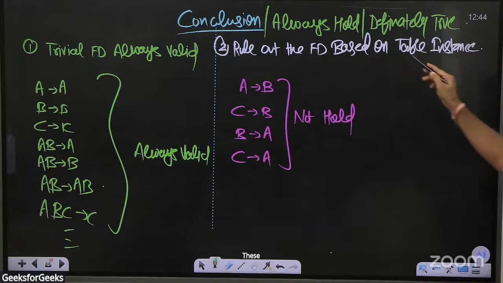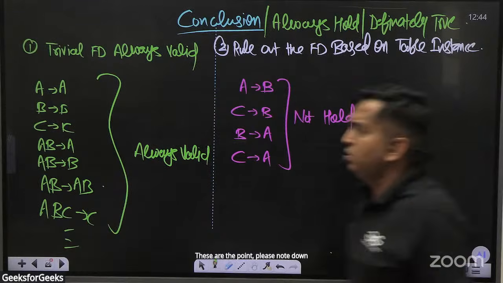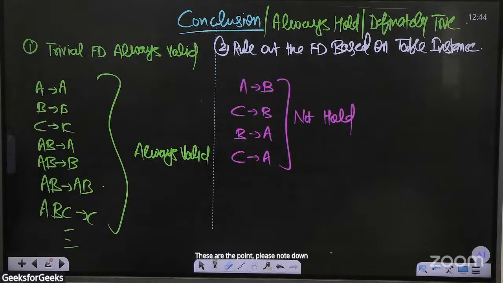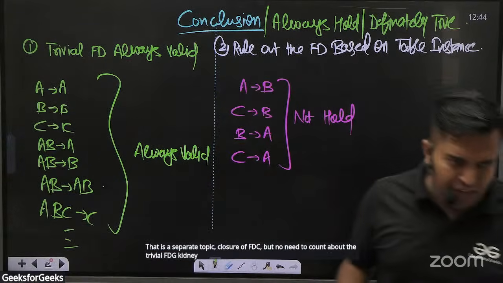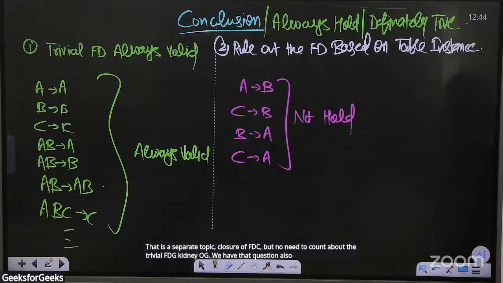These are the points. No need to count the trivial FDs. Although we have a question on that, it is a separate topic, closure of FD set, but no need to count how many trivial FDs there are. We have that question also, GATE 2024 PYQ. Noted?